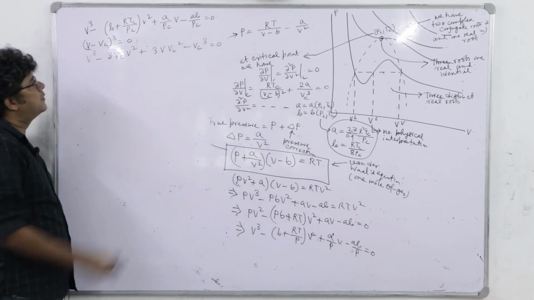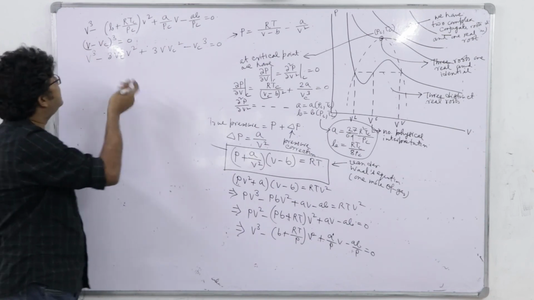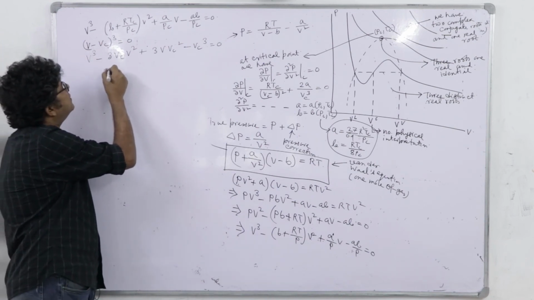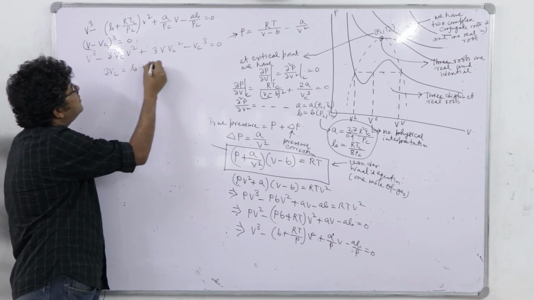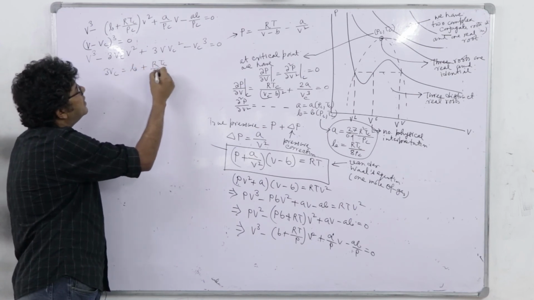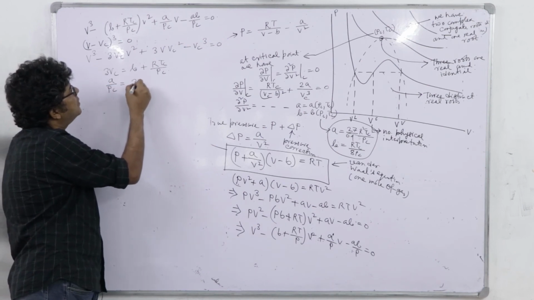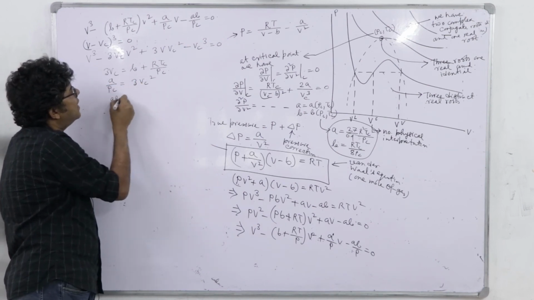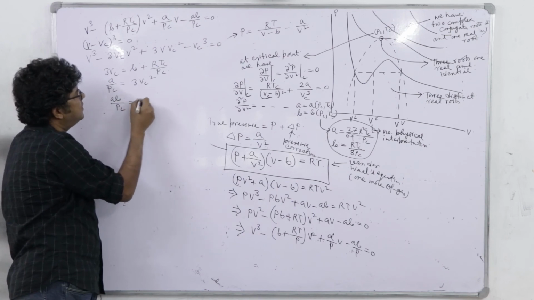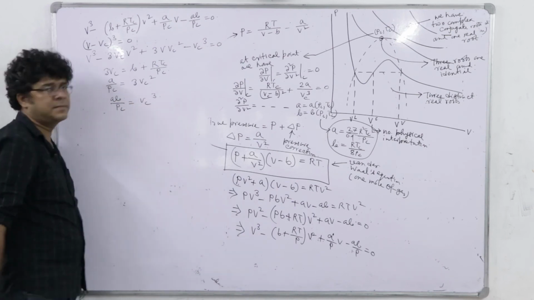Right. So, if we just match this, we will get that 3 Vc is equal to B plus RTc by Pc, A by Pc is equal to 3 Vc square, and AB by Pc is equal to Vc cube.